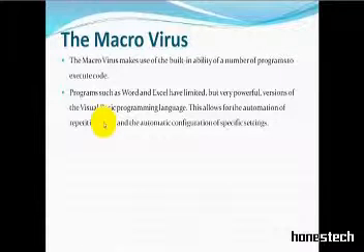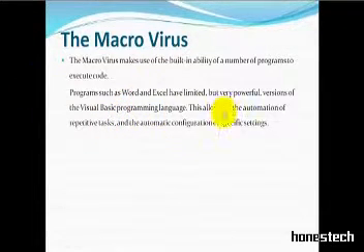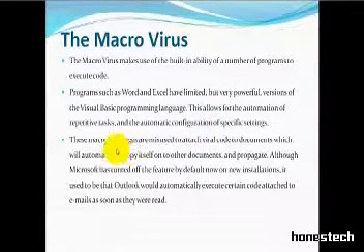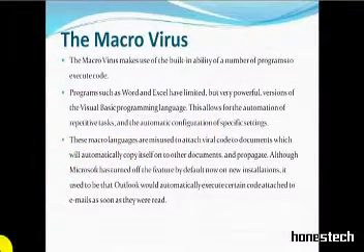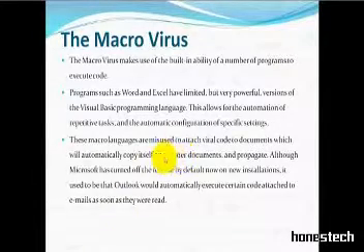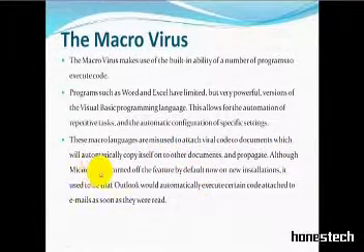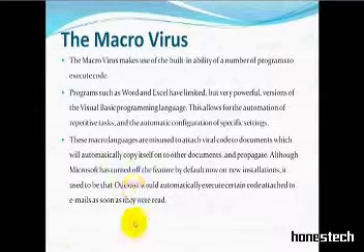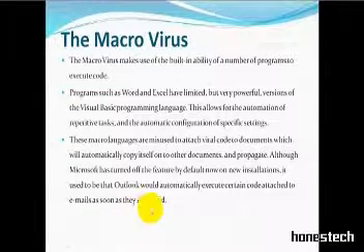This allows for the automation of repetitive tasks and the automatic configuration of specific settings. These macro languages are misused to attach viral code to documents, which will automatically copy itself onto other documents. Using this feature, macroviruses have been attached to programs which are written using the above mentioned languages.